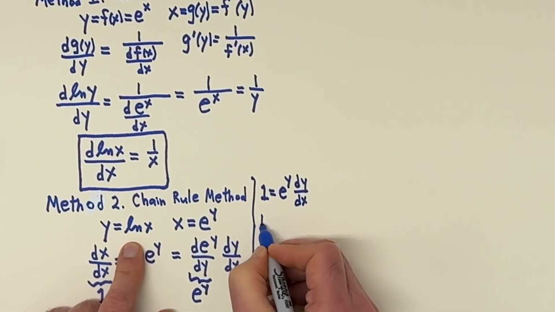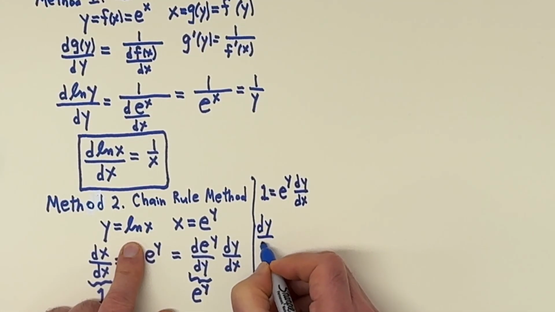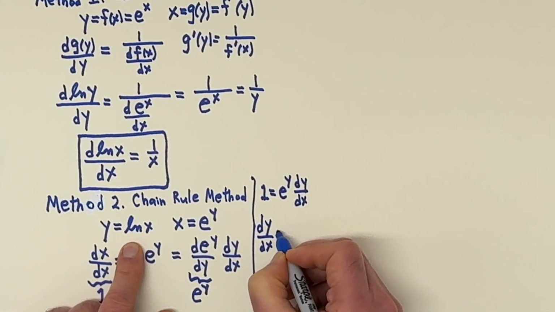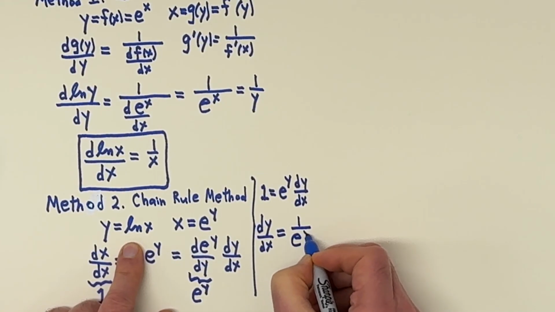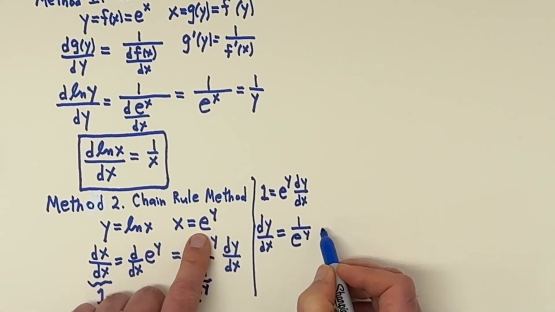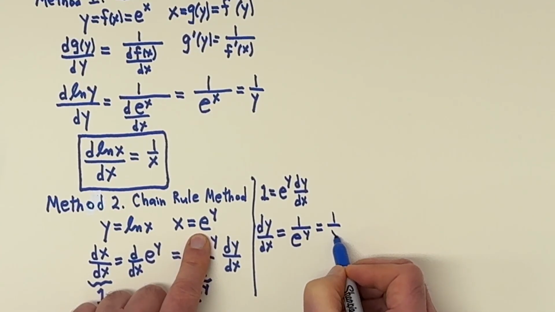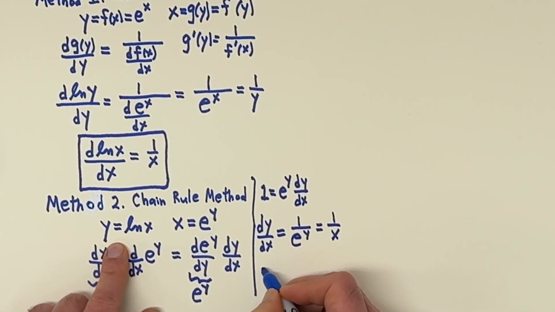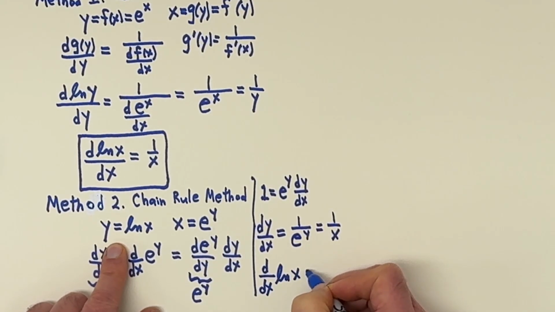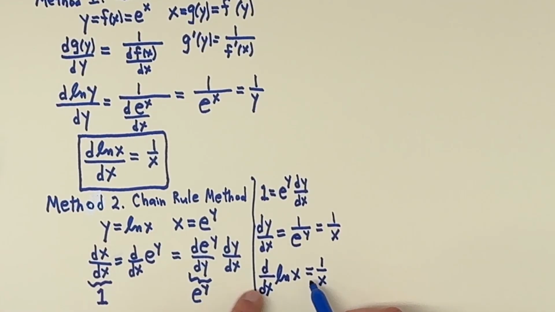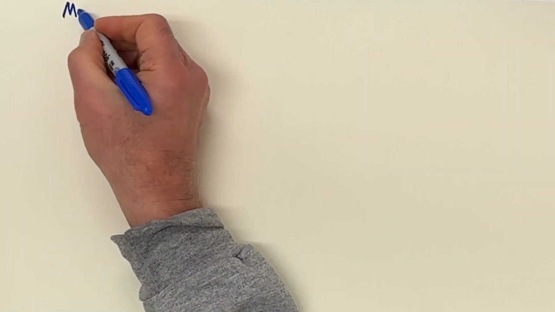That's the derivative of the natural log of x. And that's going to be 1 over e to the y. So I have my result. The derivative with respect to x of the natural log of x is equal to 1 over x, which we already have found. Now we're ready for method 3.